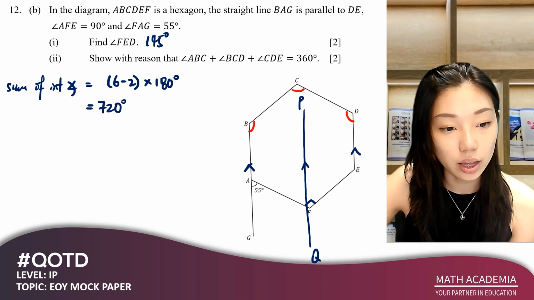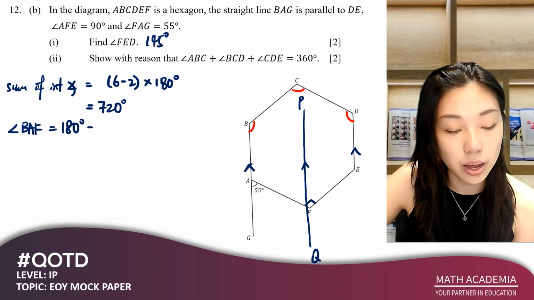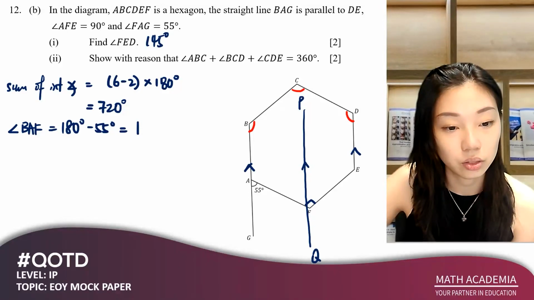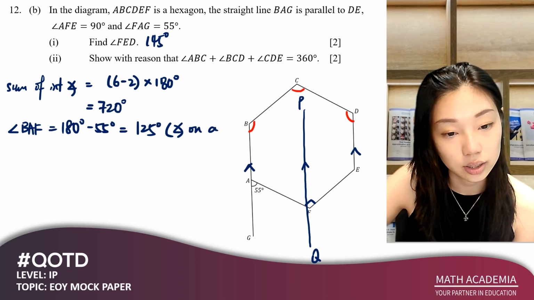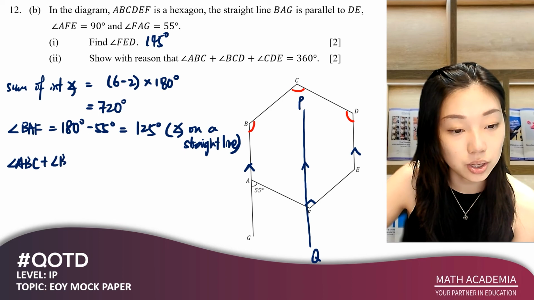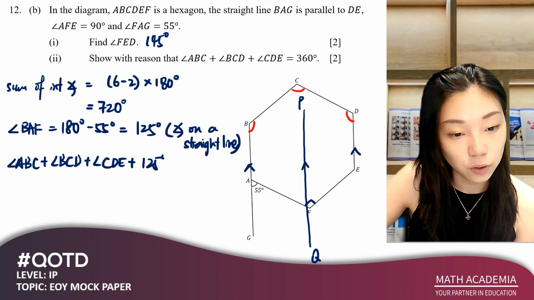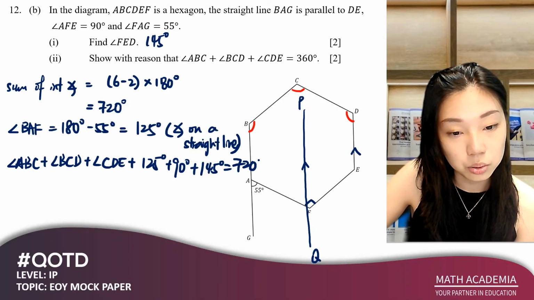We are able to find angle BAF by taking 180 minus 55, which gives me 125 degrees, because they are angles on a straight line. So angle ABC plus angle BCD plus angle CDE plus 125 plus 90 plus 145 equals 720 degrees.